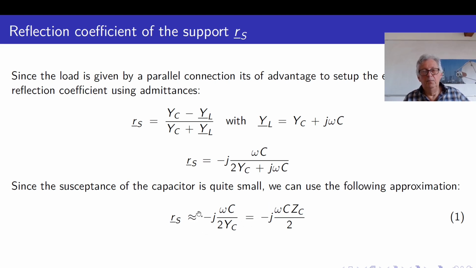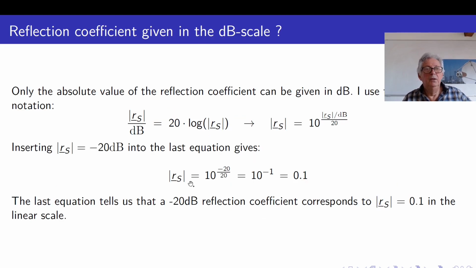And the problem is now that RS is given in dB. So if I have a reflection coefficient which is given in dB, then we must know how the dB value is defined.